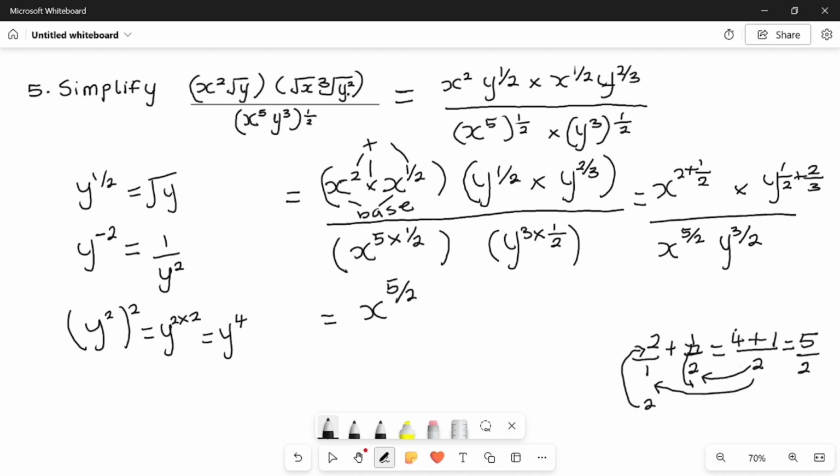Similarly, okay, if we want to add y raised to the power 1 over 2 plus 2 over 3, we can do that here. 1 over 2 plus 2 over 3.